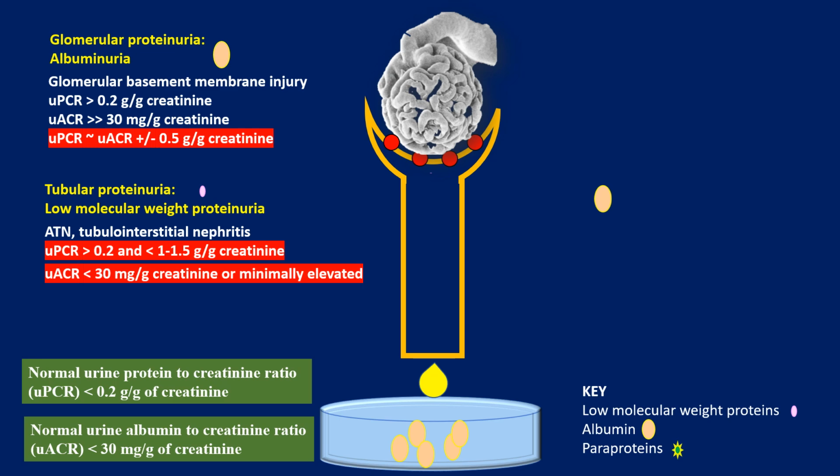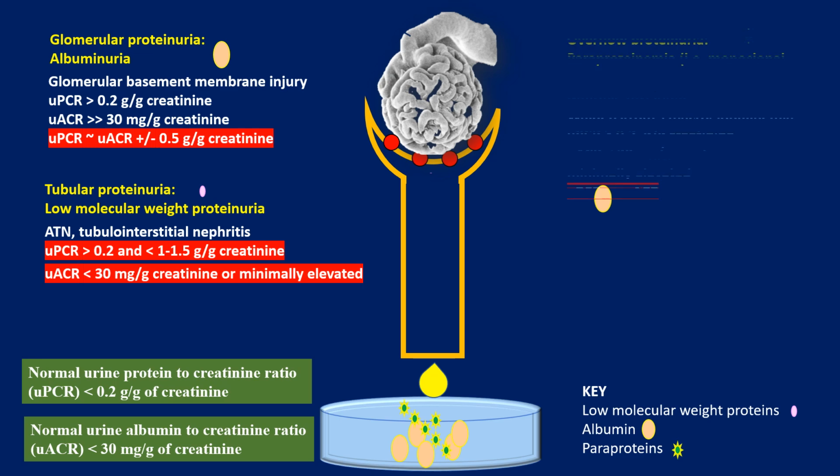Finally, in monoclonal gammopathy, where large amounts of light chains of immunoglobulins are made, these can be easily filtered. While proximal tubules also try to reabsorb the light chains as much as they can, the excess production of light chains can overwhelm the proximal tubular resorptive capacity.